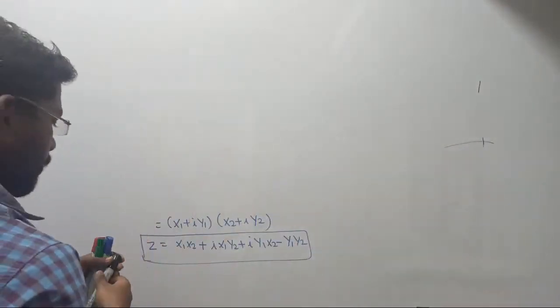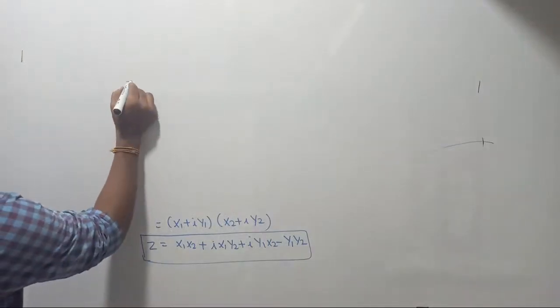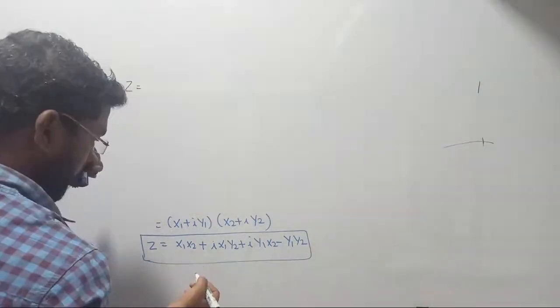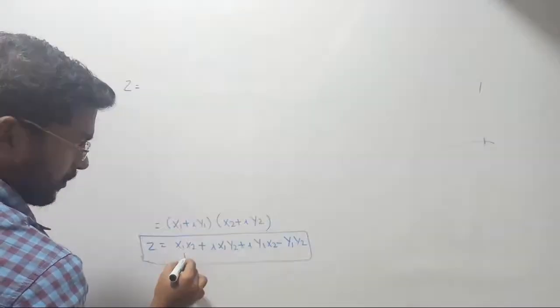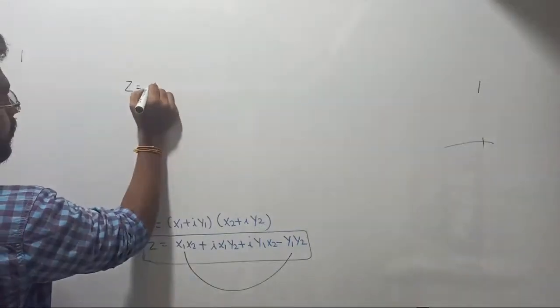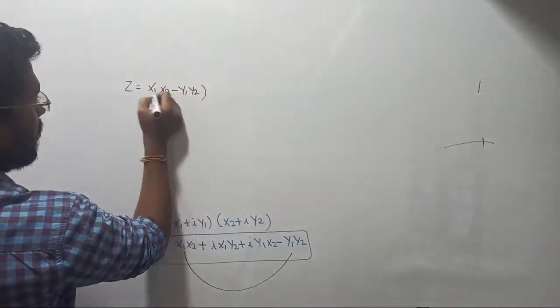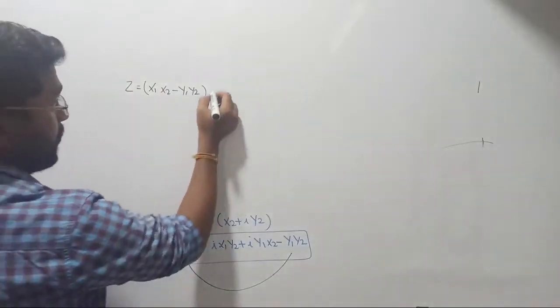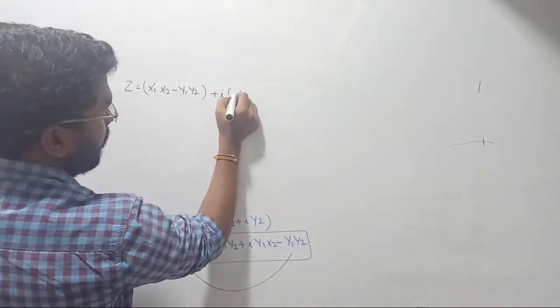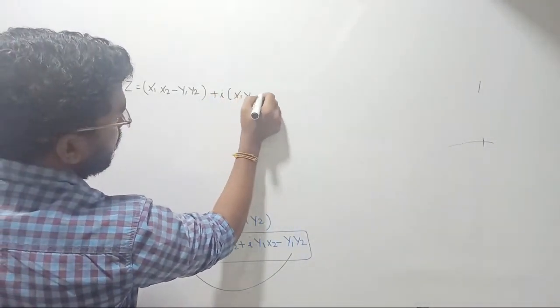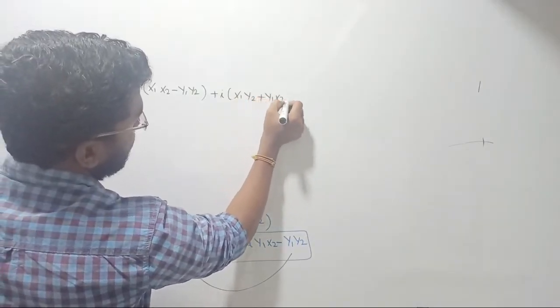So let's do it. The real part is these two terms, x1 x2 minus y1 y2, whereas the imaginary part is going to be x1 y2 plus y1 x2.